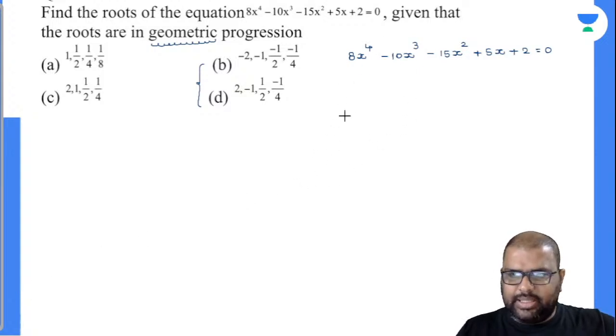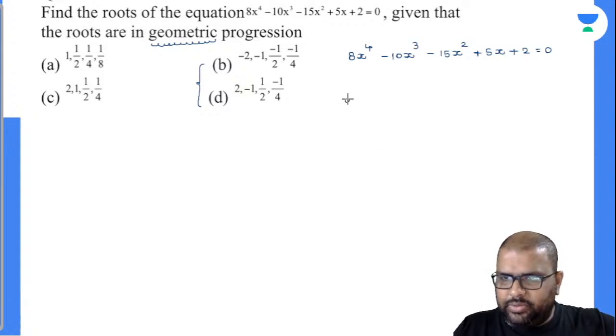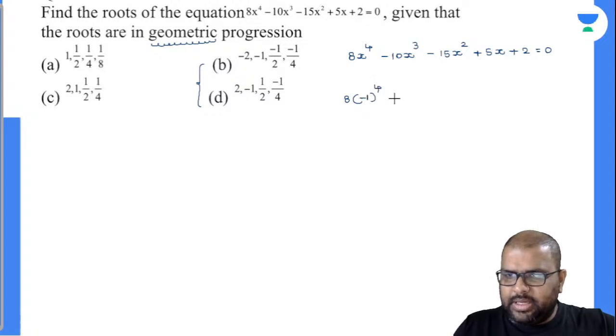Substitute minus 1 there. First of all, minus 1. 8 into minus 1 whole to the power of 4, minus 10 into minus 1 whole cube, minus 15 into minus 1 whole square, plus 5 into minus 1, plus 2 is equal to 0.